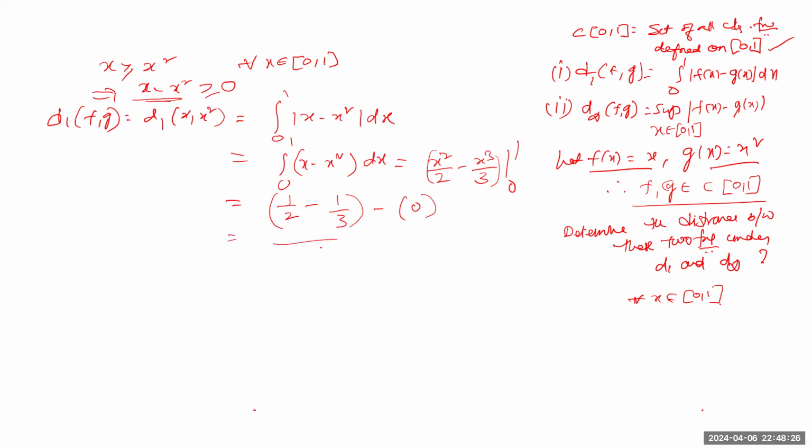With 6 as the LCM, 3 minus 2, that is 1 over 6. So the distance between the functions x and x squared is 1 over 6, right? So the next one.